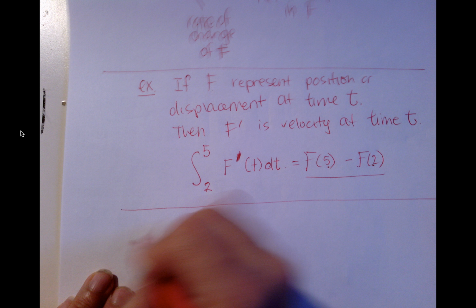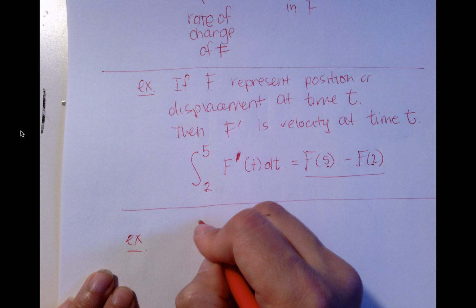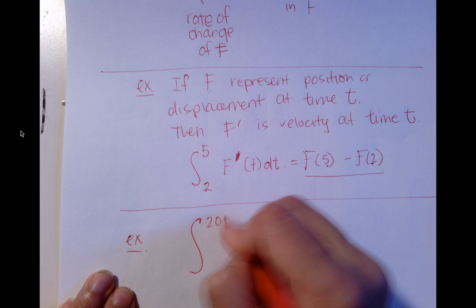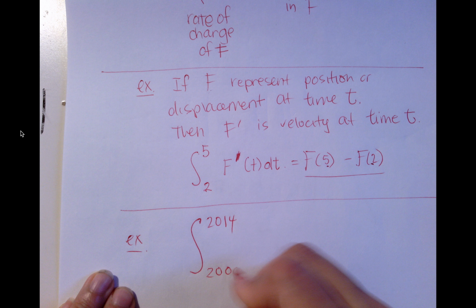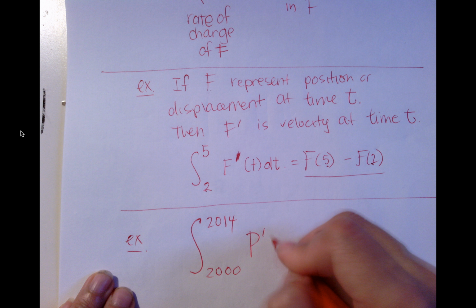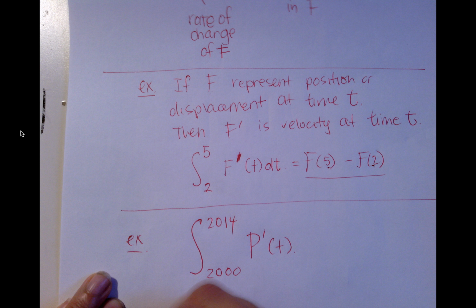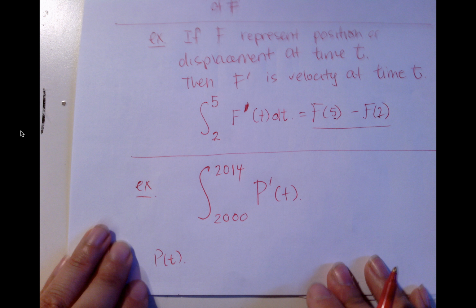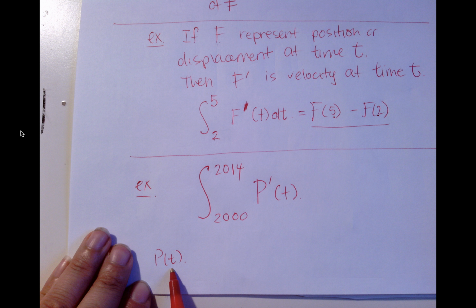Similarly, let's suppose I have a function P of t, and let's suppose P of t gives me the population at time t, where t is measured in years.